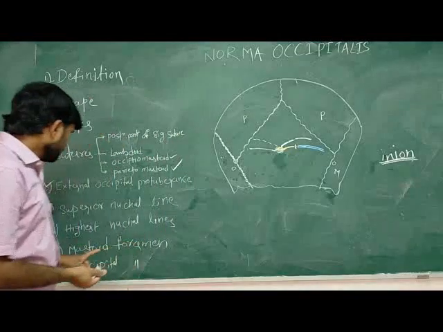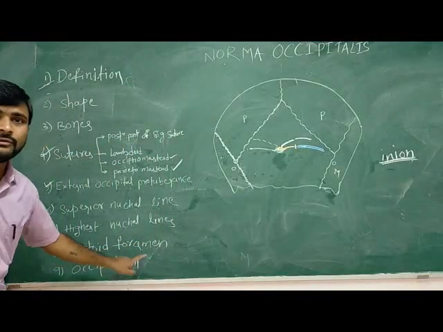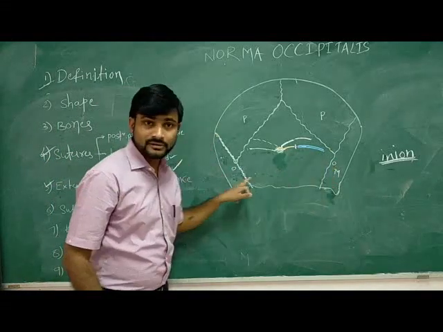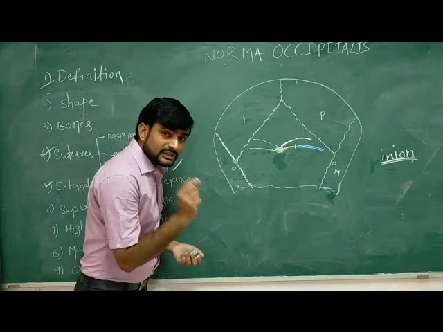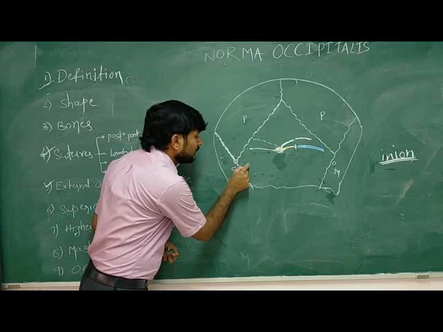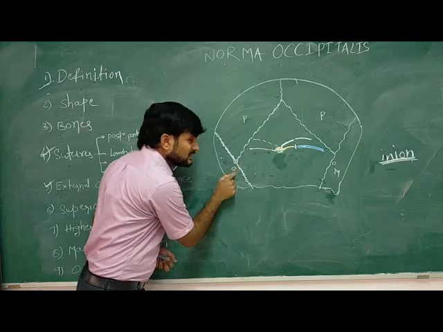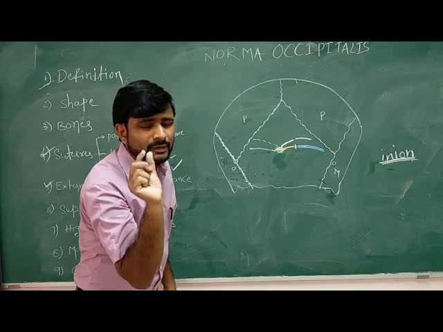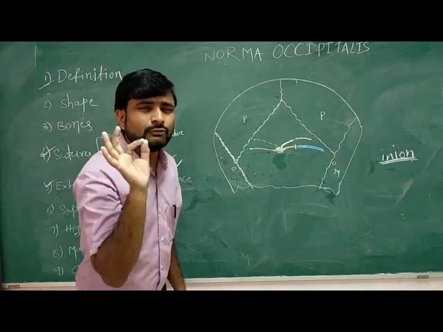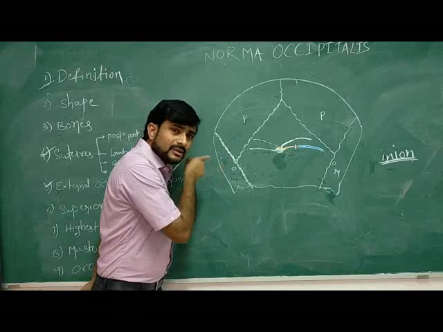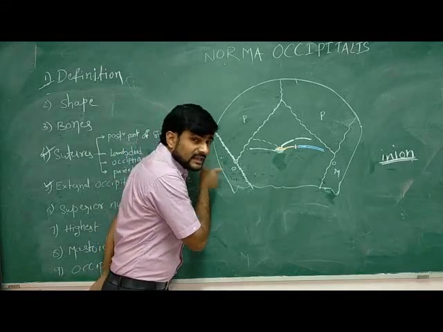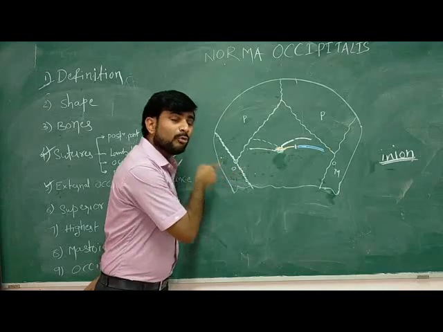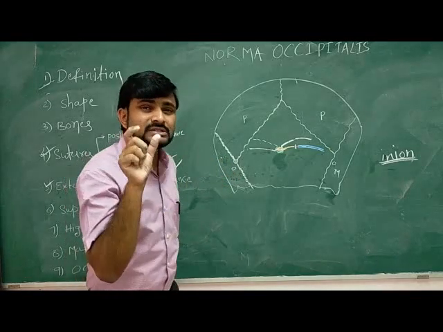Now come to the mastoid foramina. See here, two foramina are there. Near the occipito-mastoid suture, one foramen is present. That foramen is called the mastoid foramen. It passes inside the skull, into the cranium, and opens into a sulcus.